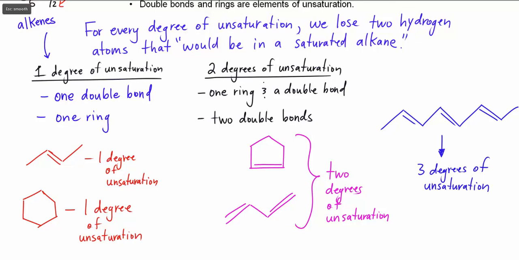So relative to the number of rings and double bonds, you can somewhat visualize the number of degrees of unsaturation.